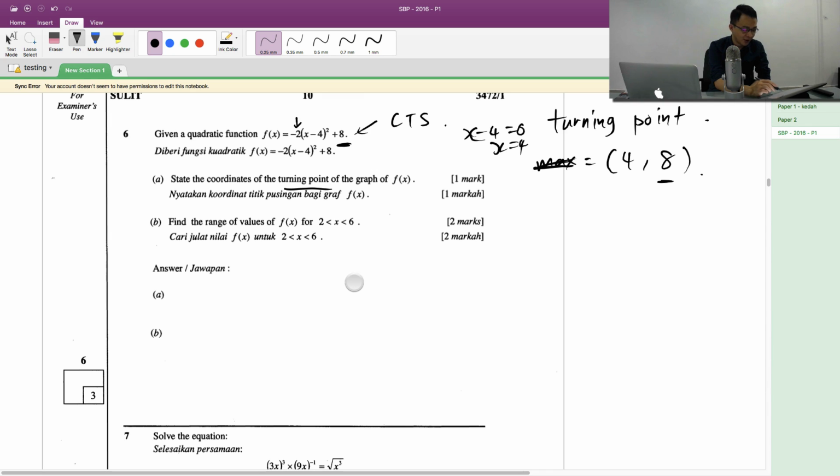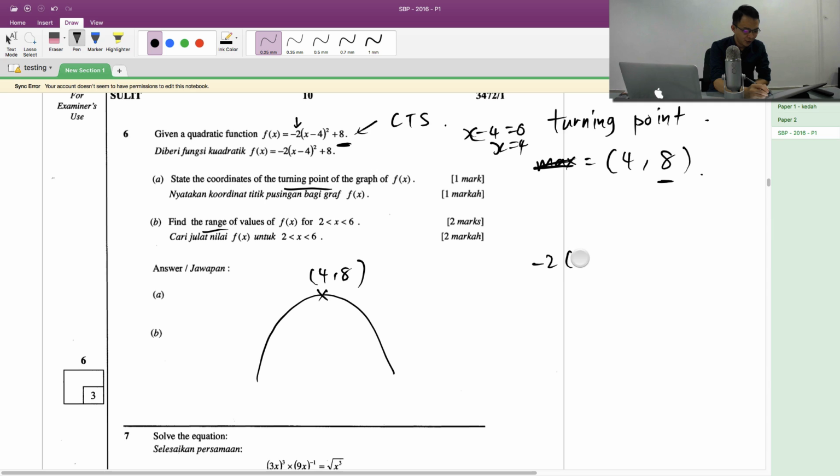What's the meaning of range first? Basically you will get an equation that looks like this. This one will be (4, 8). And then the vertical intercept: let me make x equal to 0.